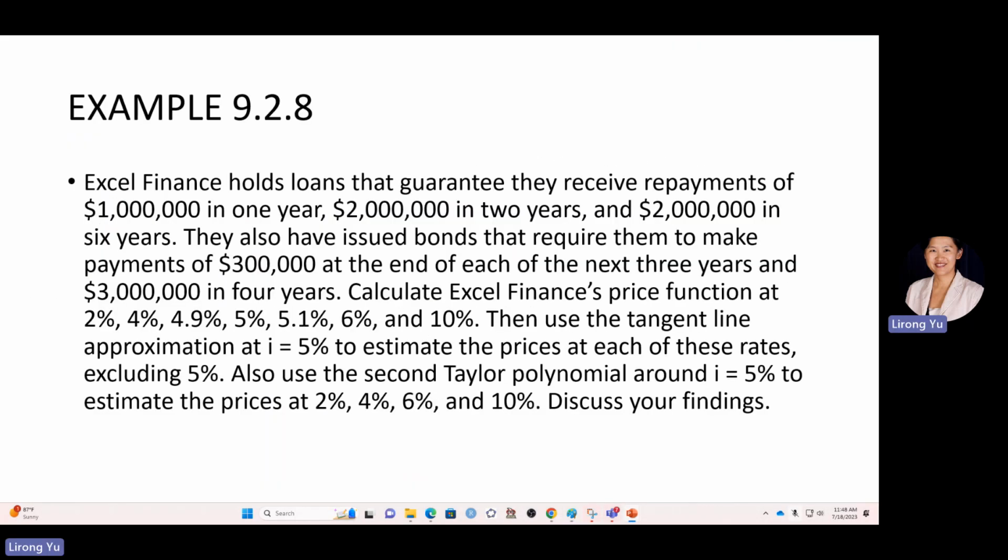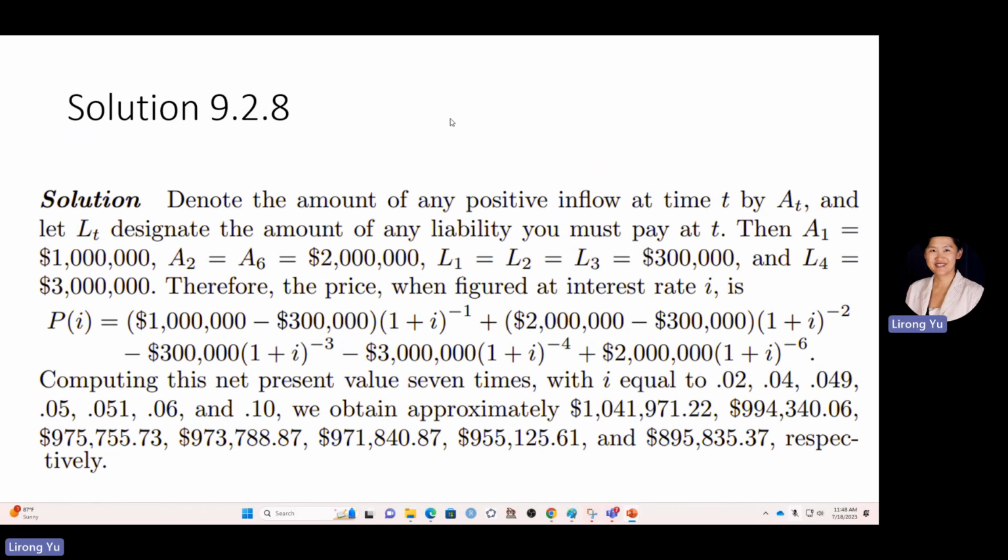So with all that, we're able to start looking at the solution. Liability and asset, it's being called that. So this is the 1 million minus 0.3 million discounted for one time period, 1 year, and then 2 minus 0.3 million discounted for 2 years.